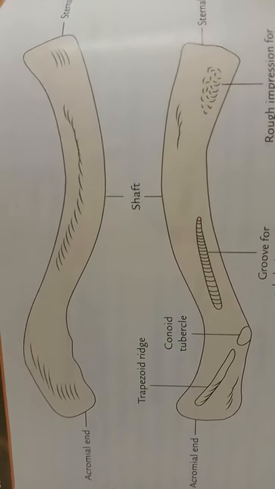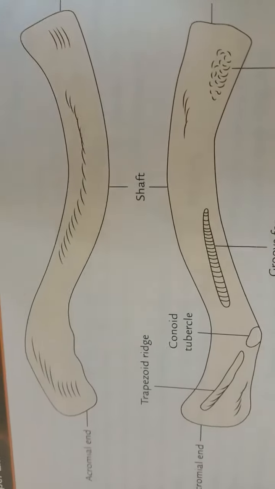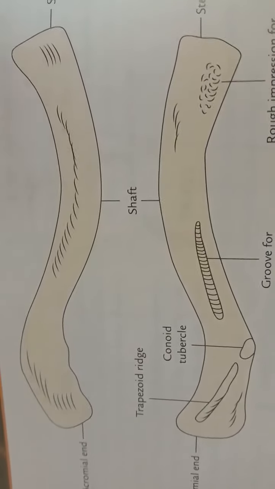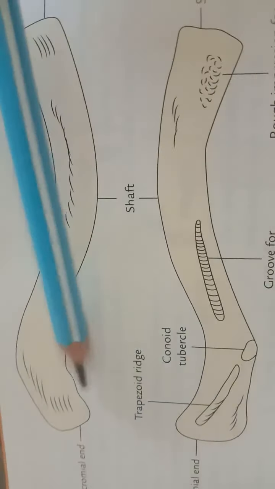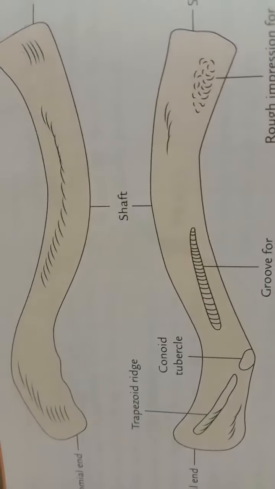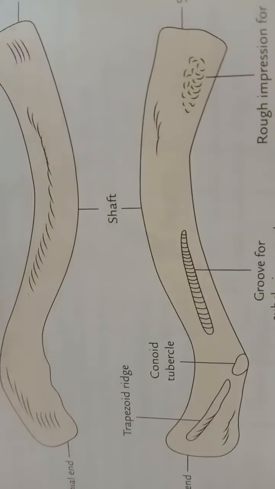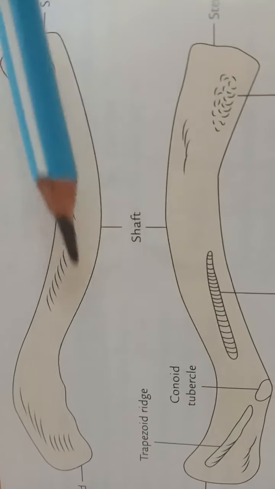Now let's see the features of the clavicle. The external features include the two ends, this is the medial end and this is the lateral end, and the middle cylindrical part is called the shaft. First the shaft of the clavicle.